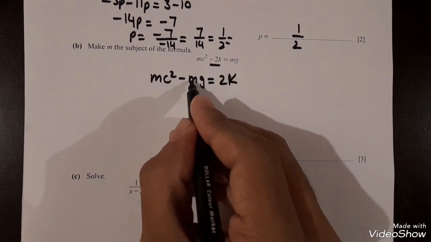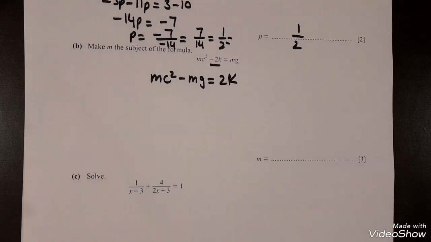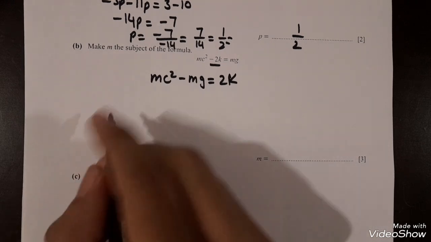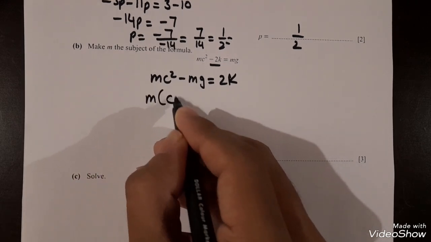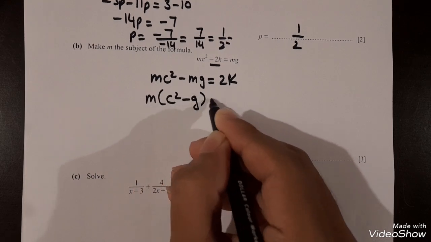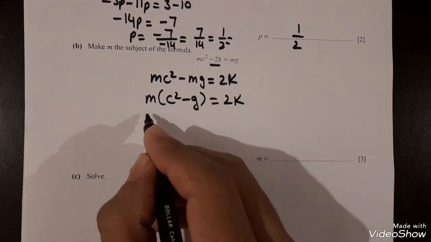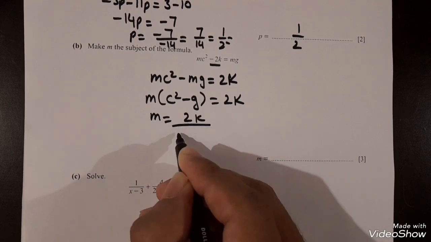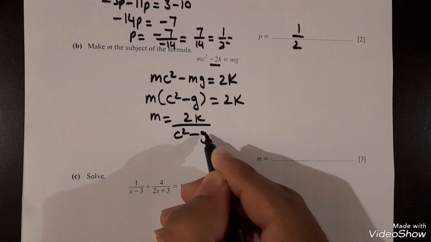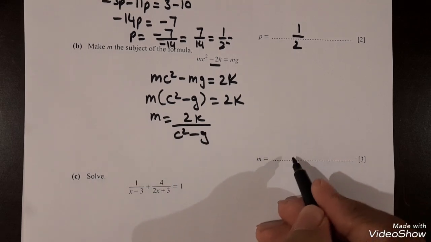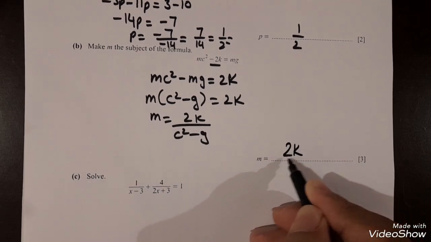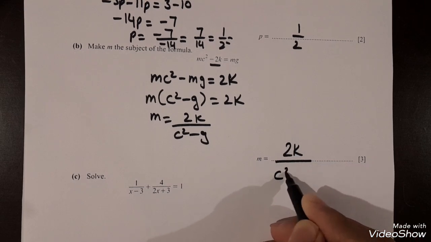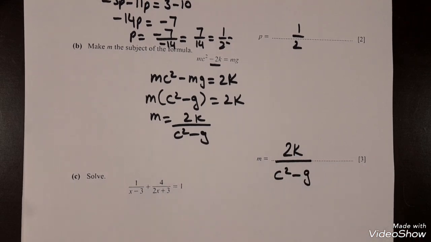Then we will make m the subject: m times c square minus g is equal to 2k. So m is equal to 2k divided by c square minus g. So the answer will be 2k divided by c square minus g.